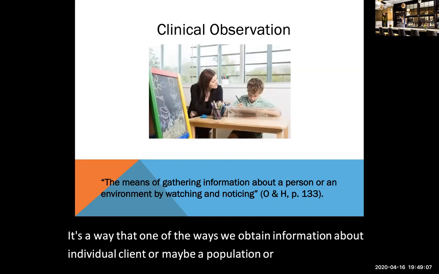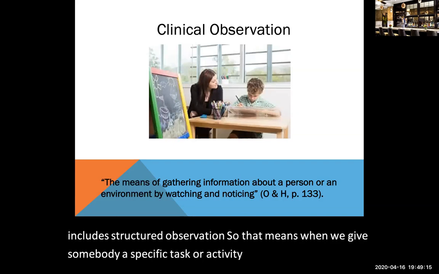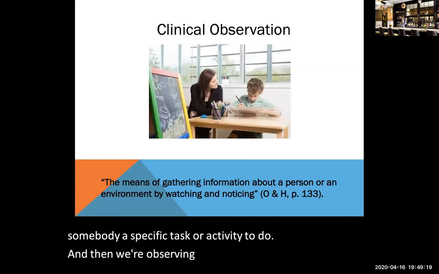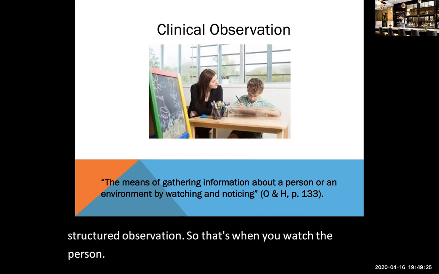It includes structured observation. So that means when we give somebody a specific task or activity to do, and then we're observing. And it also includes non-structured observation. So that's when you watch the person just do their usual stuff.